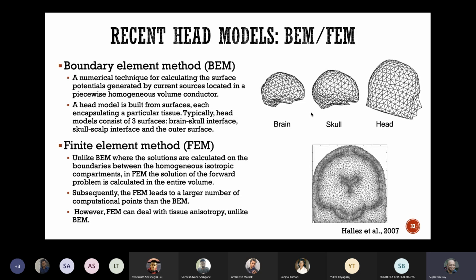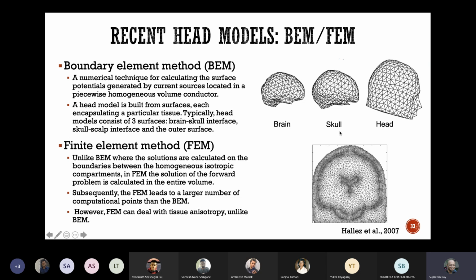Most of the time, we use more realistic head models, which are composed of interconnected meshes for each of the three tissues that are present: brain, skull, and head. They all have different conductivities.